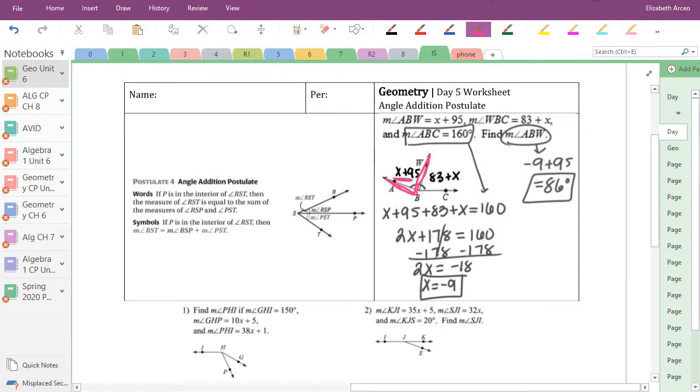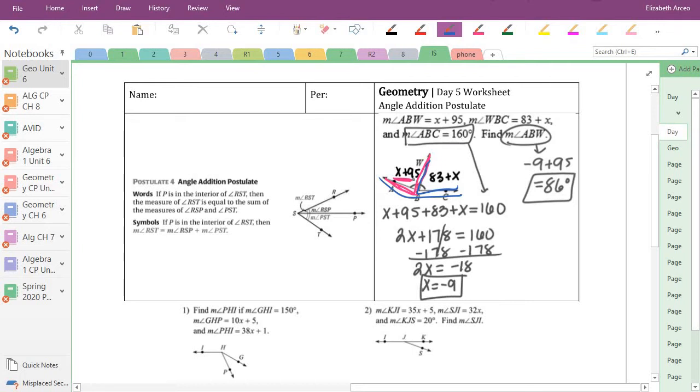Okay, so I put that there, and then the next part that they give us is that the angle WBC is 83 plus x. So again, tracing those letters, WBC is 83 plus x, so I put that there. And then they tell you in the third part that ABC, which is the whole thing, is 160.